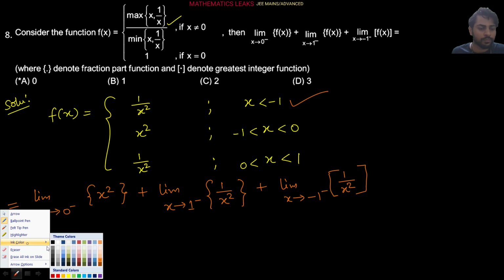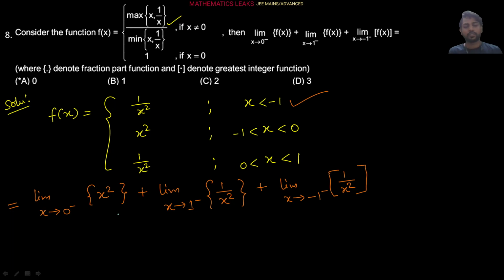So what will happen here? Just observe. Since x is just less than 0, it is coming. Just less than 0 means it will be like minus of 0.00001, very close towards 0.